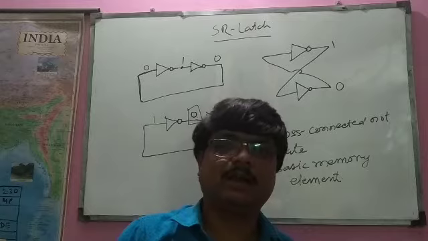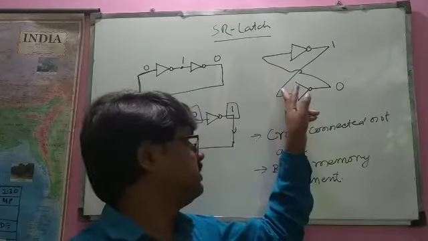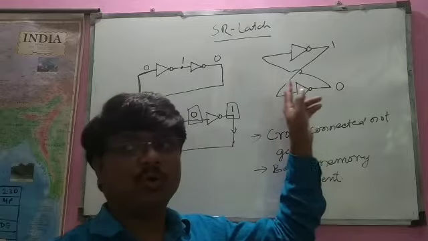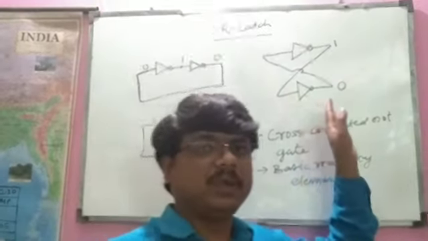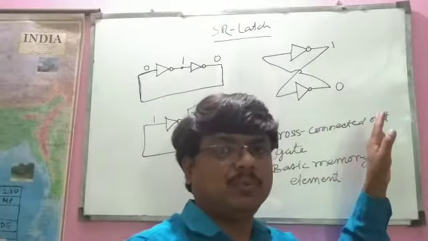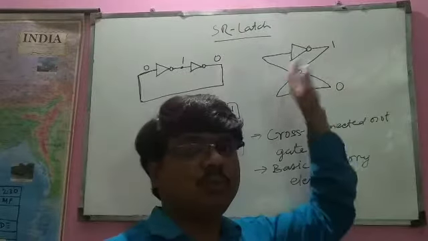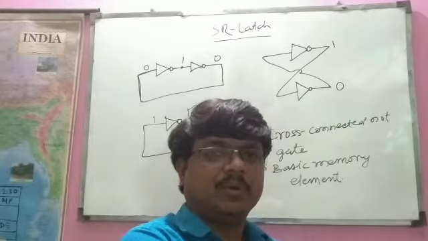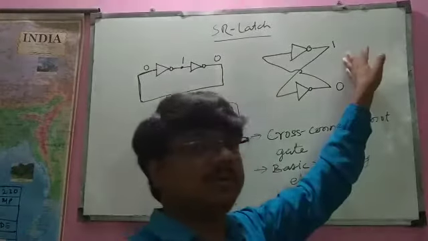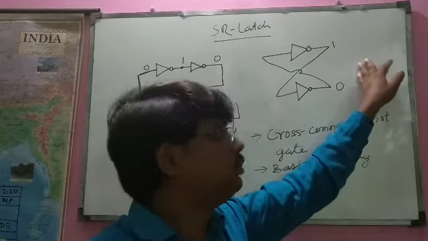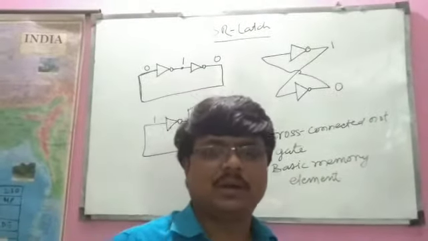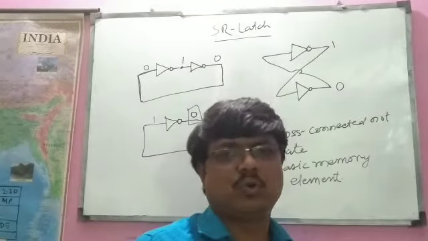First of all, I will have to cut this wire, and then I will have to give some other input, and then we can store the other value into this one. So to change the output is not possible in the cross connected NOT gate. So it is not of our use.